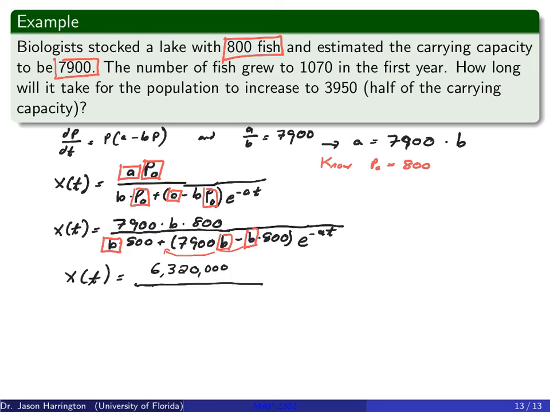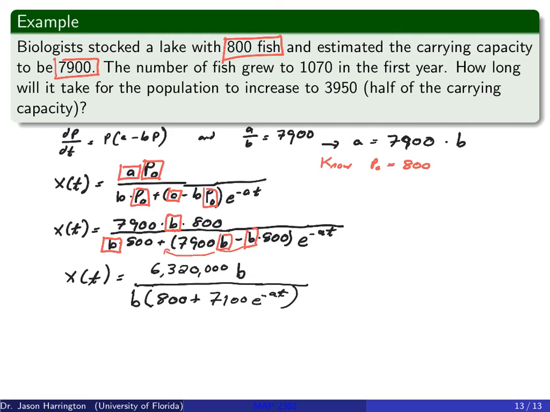So let's do that. b. Oh, and in the numerator, I got too excited about the b's. The denominator has a b and the numerator has a b. So don't forget this little guy up here. I like b's, they're kind of cute. Times 800 plus 7,100 e to the negative at.